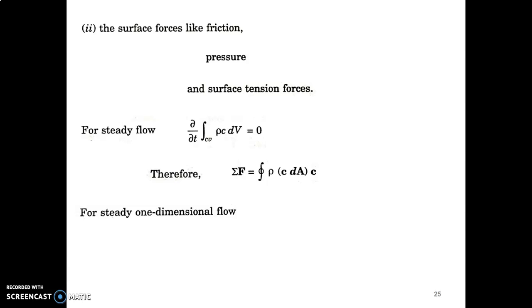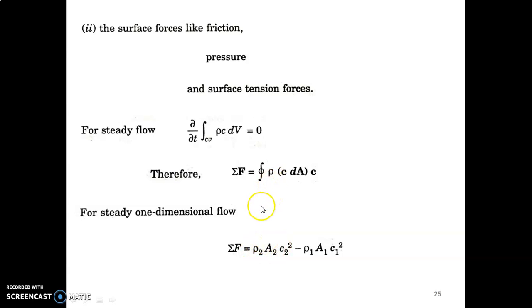If we take steady one-dimensional flow, we can give notations for the initial and final states. For the initial state we give the notation 1, and for the final state the notation 2. Since this is a positive value for the surface integral, from the vector notation we take the final value minus the initial value, so the final value comes first.